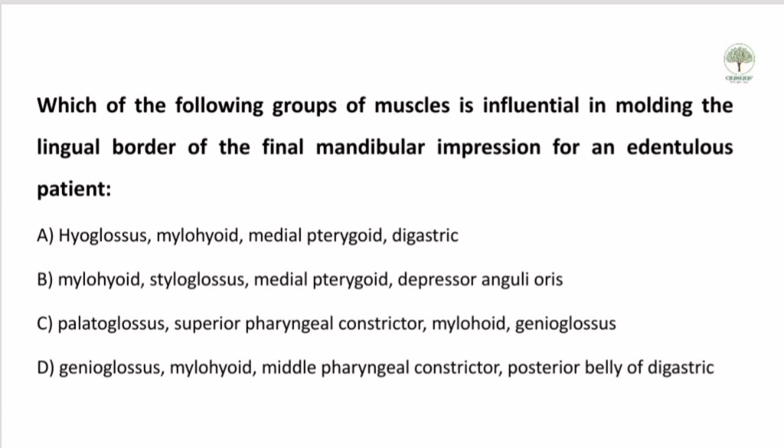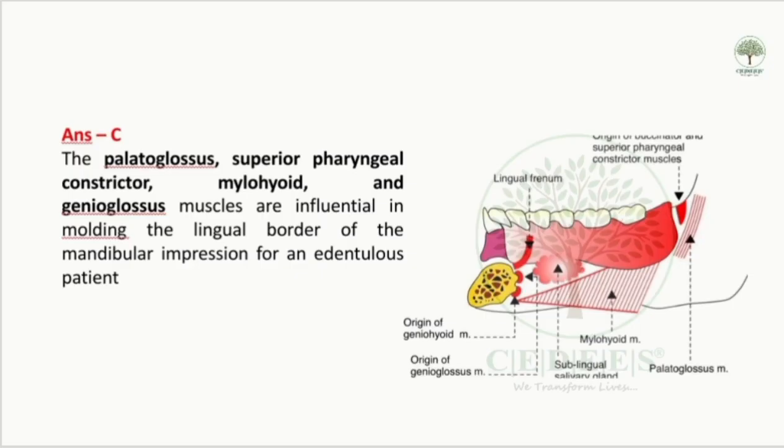Now, to answer this question, it is very crucial that you know how the final impression is made or the border molding is done in the lingual arches, what all movements are done, and upon doing what movements, which are the muscles that get activated. The answer to this question is C, according to which palatoglossus, superior pharyngeal constrictor, mylohyoid, and genioglossus are the muscles that are influenced during the border molding and lingual impressions of mandibular edentulous patients.